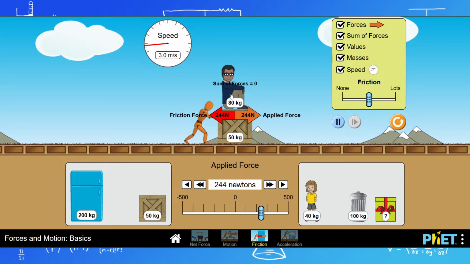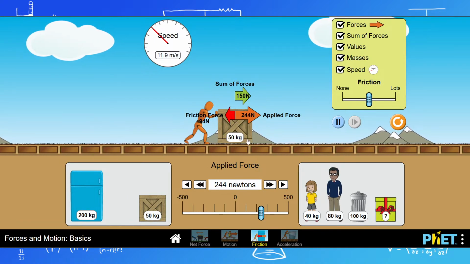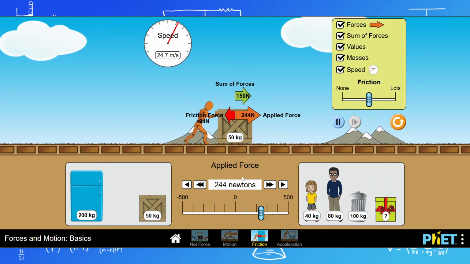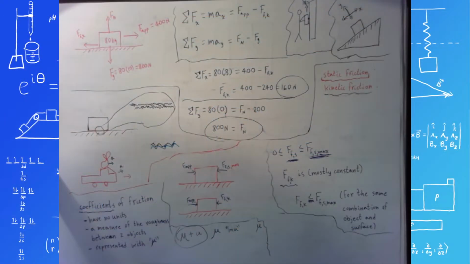If I remove this guy now, then the box is not pressed against the ground as hard anymore, and you see that the friction force dropped to 94. And I'm going to pause that there. So how hard the object is pressed against the surface is also going to have an effect on how much friction you get. And that's for both the kinetic and the static friction.